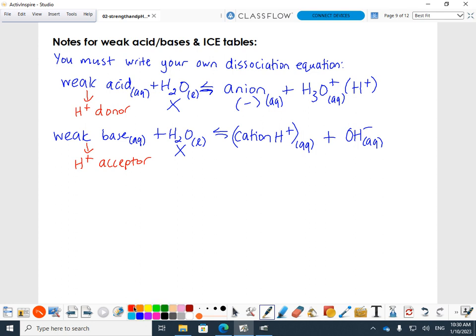Okay, so you need to write your own equation first. And then, when you go to do the ICE questions, first of all, they're going to be out of more marks. But also, when you're looking at whether something is going to be weak, look for either the Ka or Kb value.